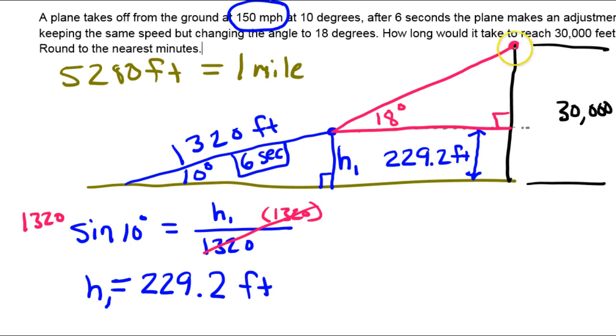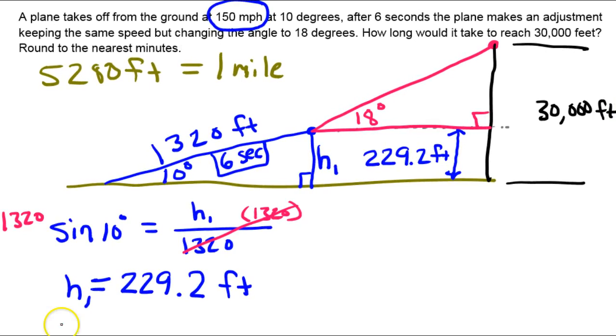All right, if the entire height here is 30,000 feet, then this part of the triangle is going to be 30,000 minus 229.2. So let's check that out.